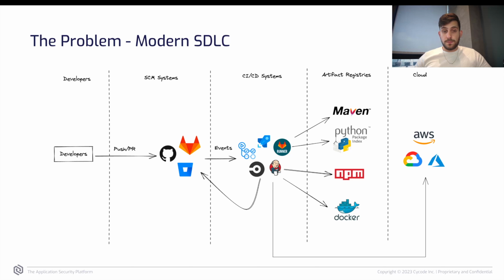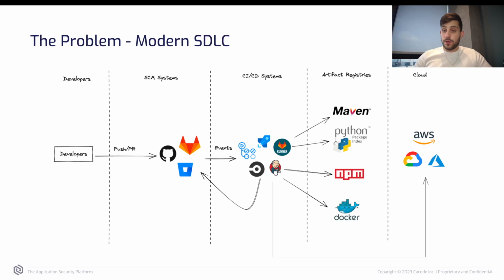Modern SDLCs have many components. The developers that are creating and pushing new code, the SCM systems that are storing the actual code. Then we have the CI/CD systems. Systems like Azure Pipelines, GitLab CI, Jenkins, and more will have triggers that define automated procedures, such as on a new issue, on a new tag, on a new pull request: test, deploy, and build.